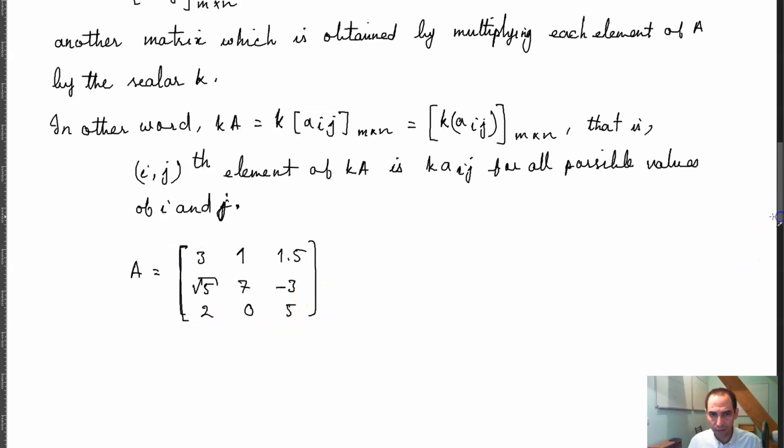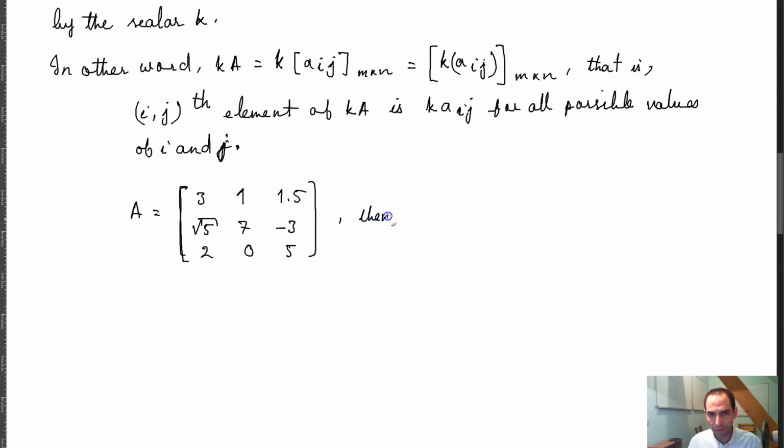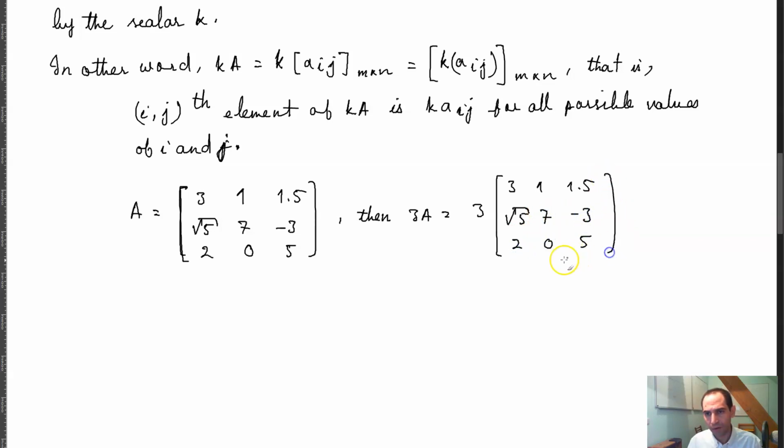Then 3A is equal to basically 3 times this same matrix, which is the same thing as 9, 3, 4.5, 3 square root of 5, 21, negative 9, 6, 0, and 15, right?